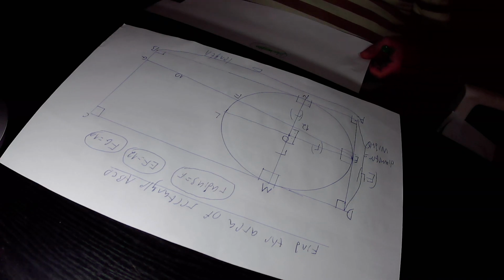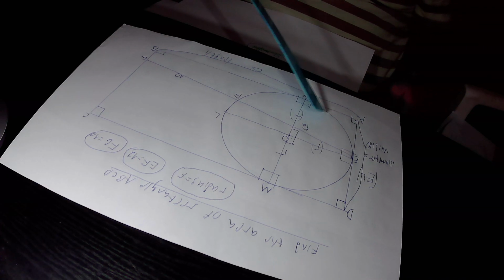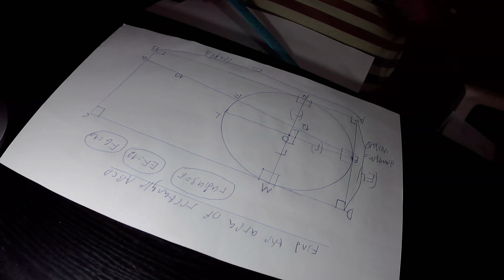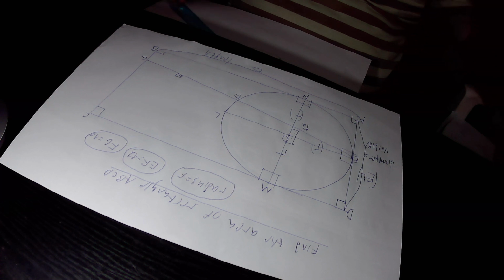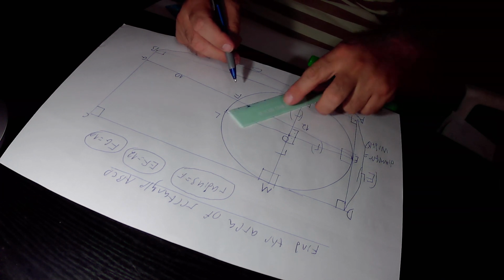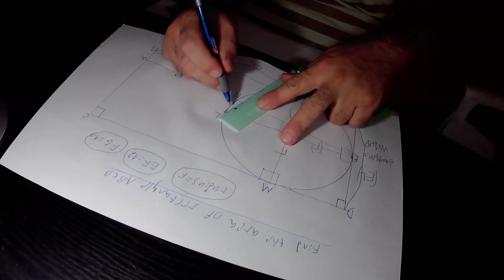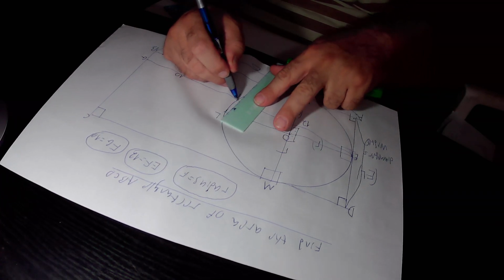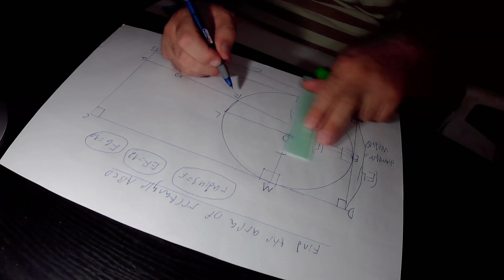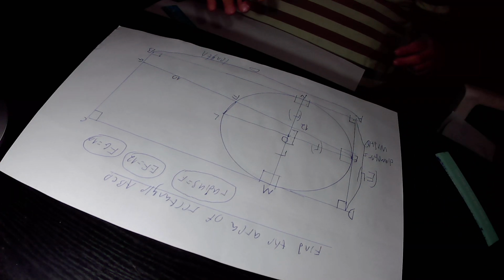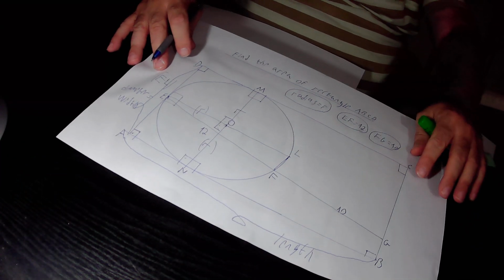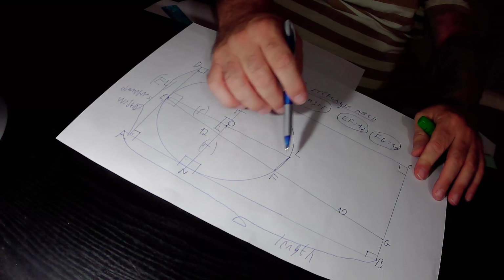In the next step, we will extend the diameter, but before that, we will join points F and L together by a straight line. By joining points F and L, we created a peripheral angle LFE.